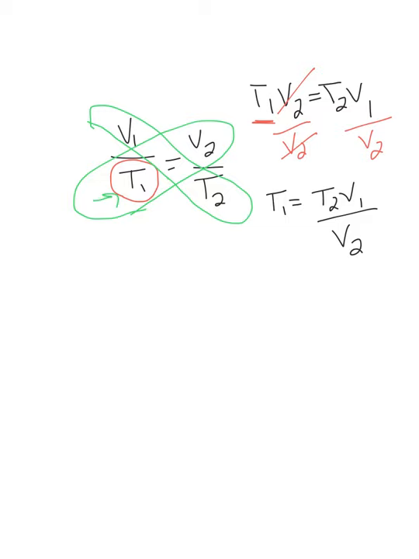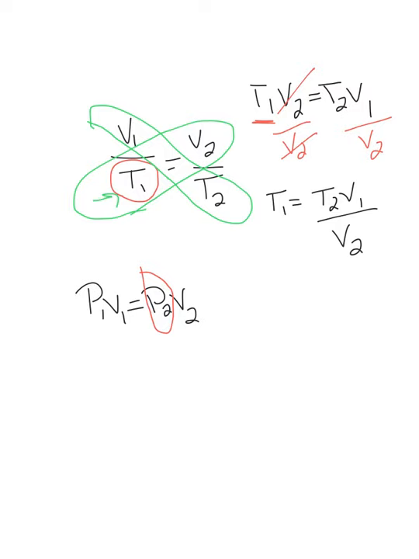In this situation of Boyle's law, where we have P1 times V1 equals P2 times V2, and it says, okay, you need to solve for P2. Well, half the work is already done for you.